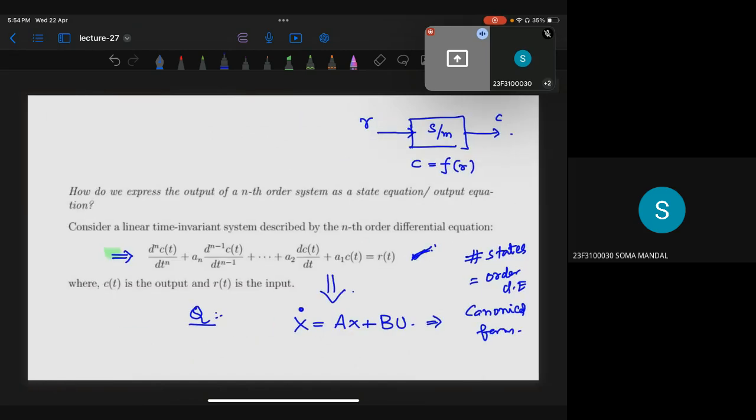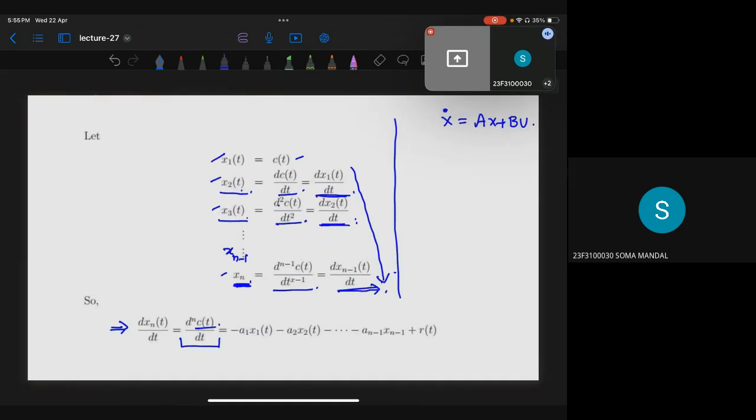From this equation, you take this part to that side, to the right side. Am I correct? Yes, sir. That's what this equation is. So every term represents every derivative. You got it? Yes, sir.